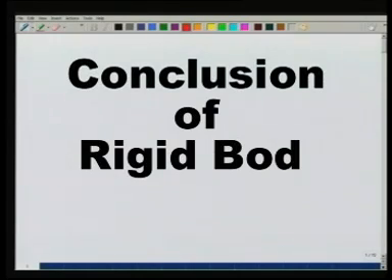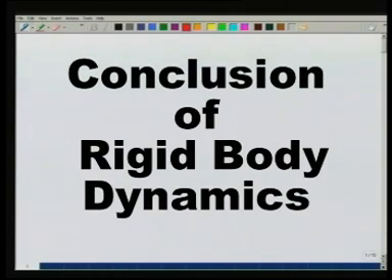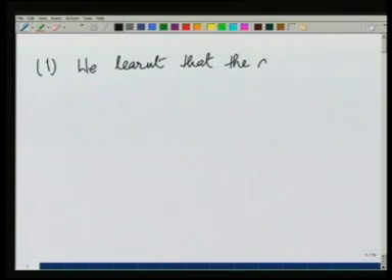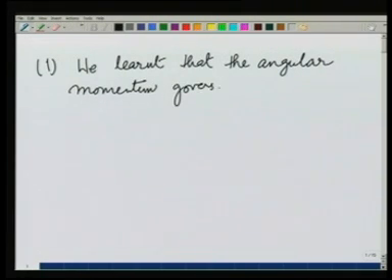Let me now conclude the lectures on rigid body dynamics. We learnt that the angular momentum governs the dynamics of a rigid body.